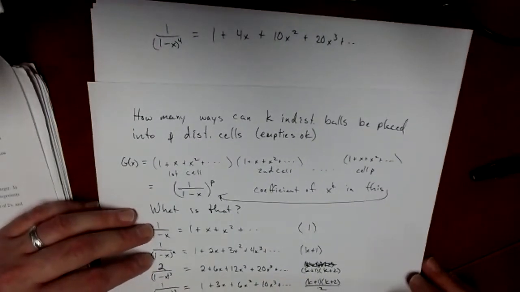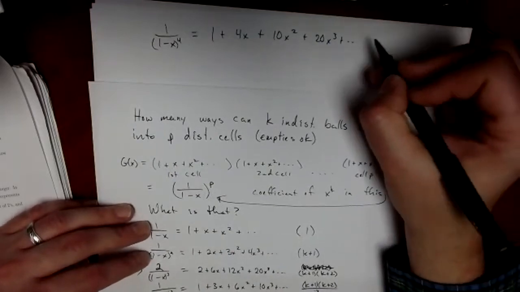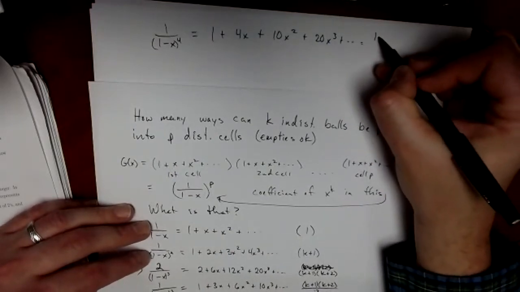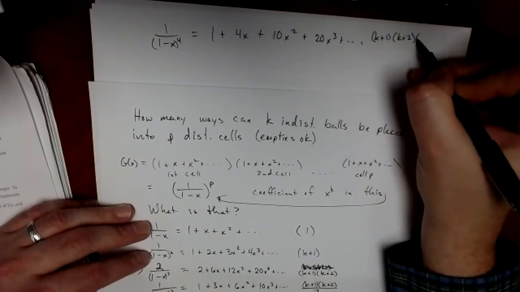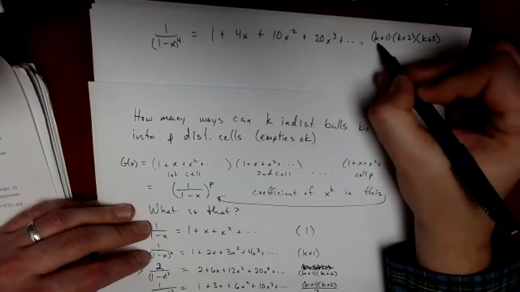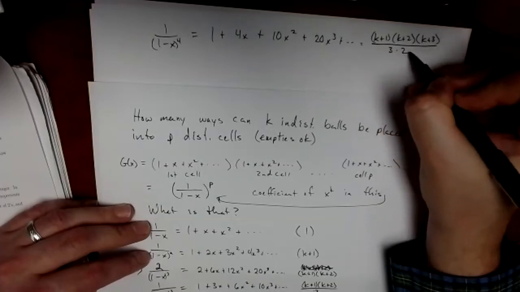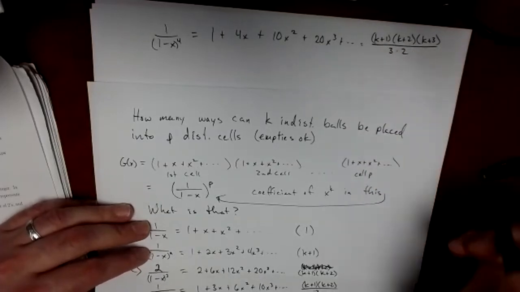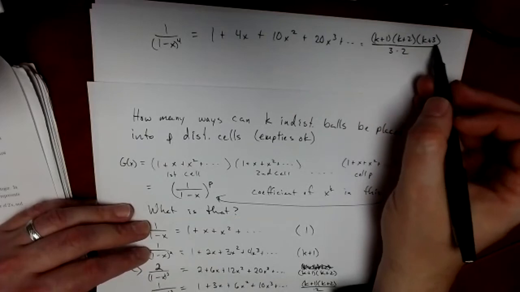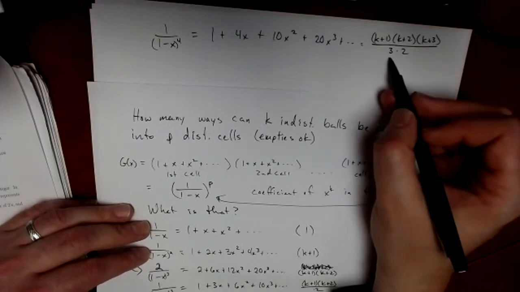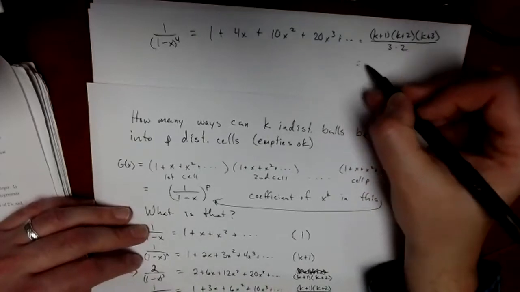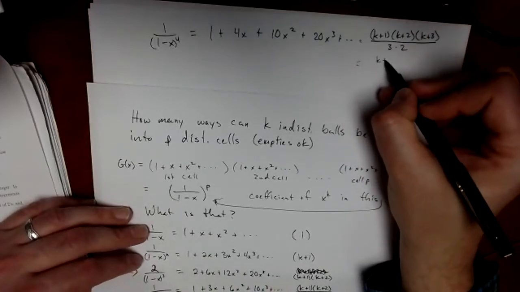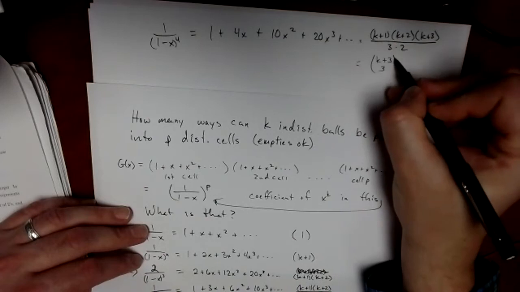And this is k plus 1 times k plus 2 times k plus 3 over 3 times 2. Right, it was over 2 from before, but now we've multiplied by an additional k plus 3 and had to divide by 3. But this is just k plus 3 choose 3.